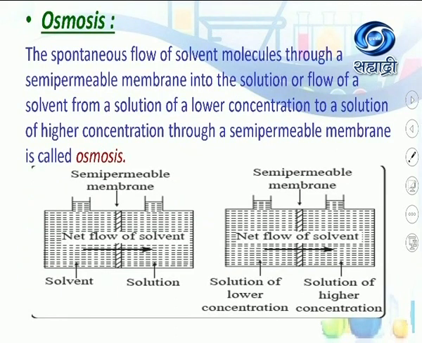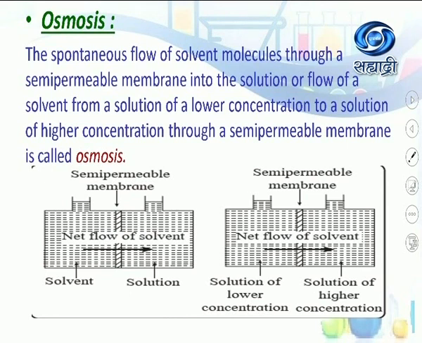Now, see here again, osmosis. The spontaneous flow of a solvent molecules through a semi-permeable membrane into the solution. See the figure. Solvent and solution are separated by this semi-permeable membrane.